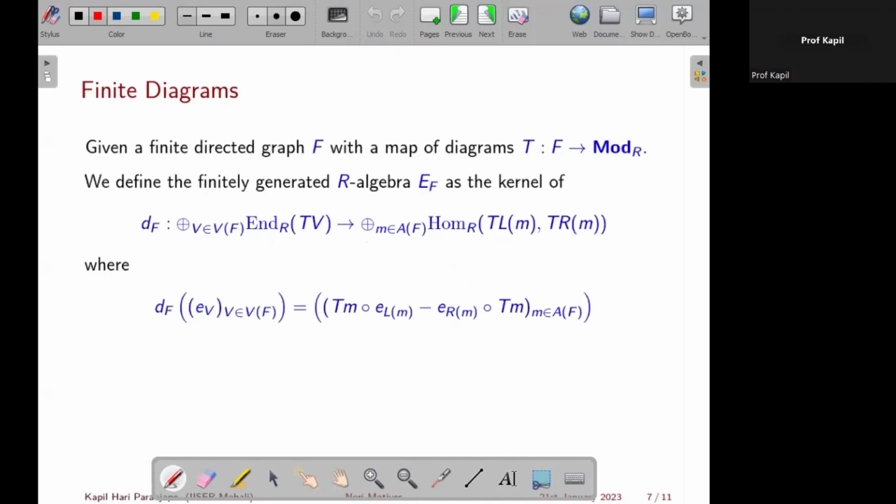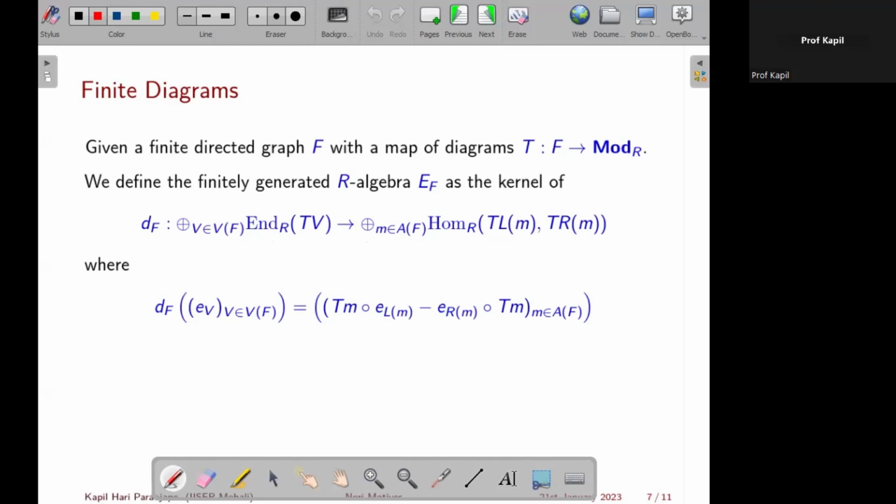So we define, last time also we did this, but it was somewhat badly written. So the idea is to look at endomorphisms of TV. As you vary over all the vertices, for each of them you look at the endomorphisms, and then you look at those endomorphisms which commute with the corresponding morphisms.